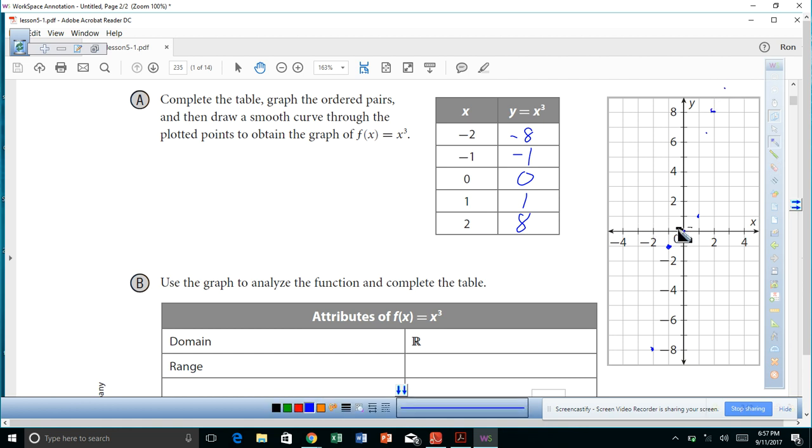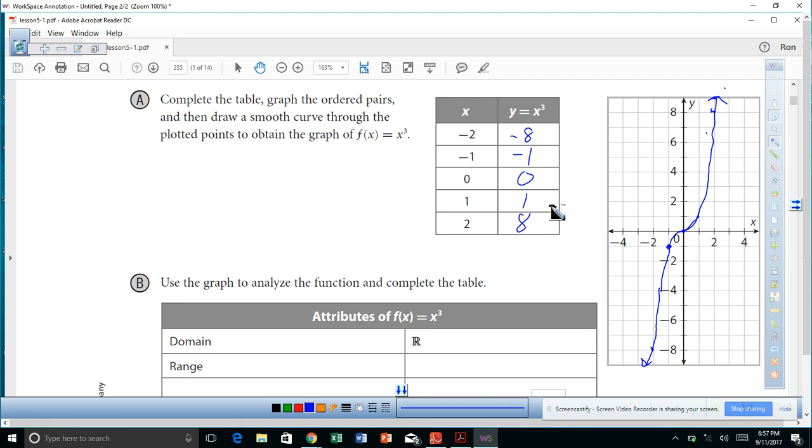Maybe I need to do it like this. That's a little bit better. And then, of course, that comes down more like that right there. And there you go.